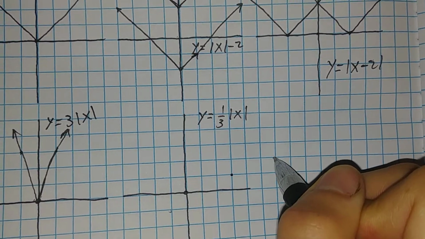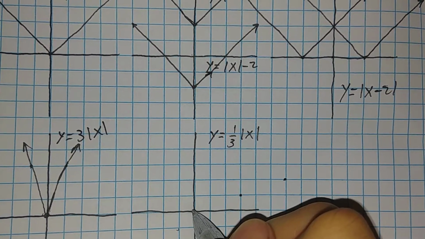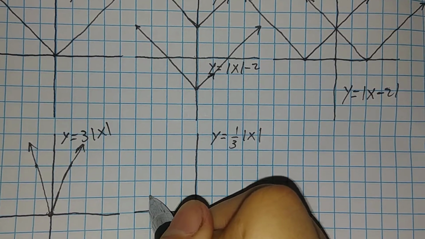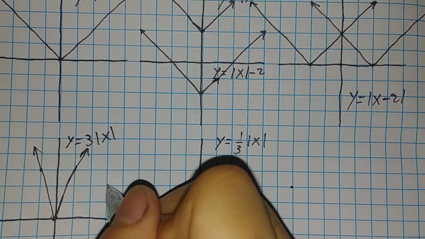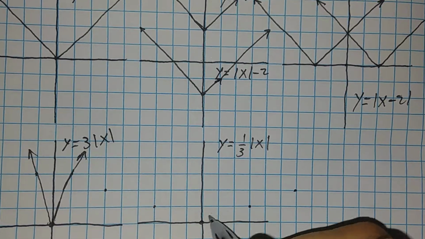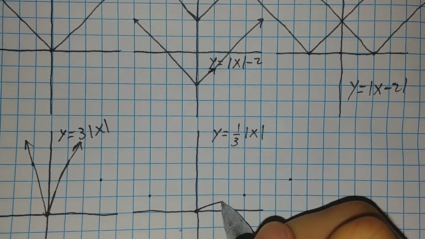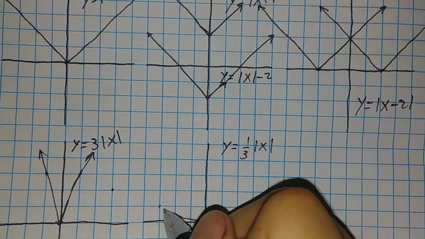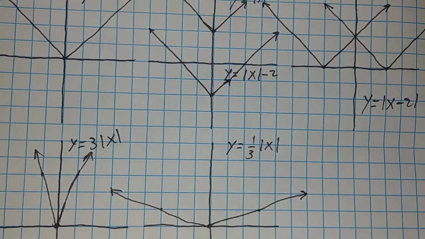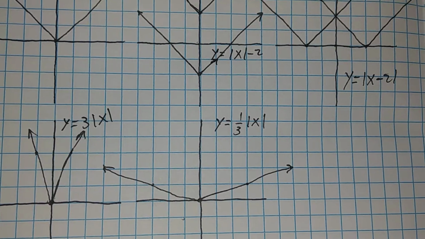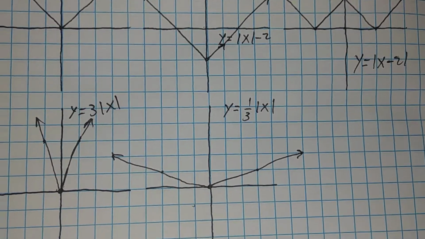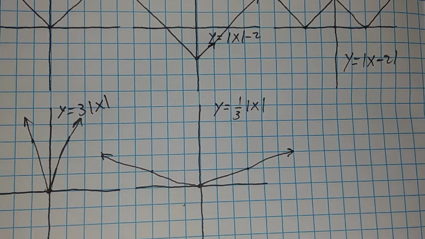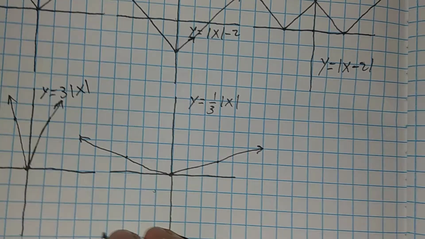Same on this side, 3 over and 1 up. Now my graph looks sort of like this and like this. Now this is a horizontal stretch.